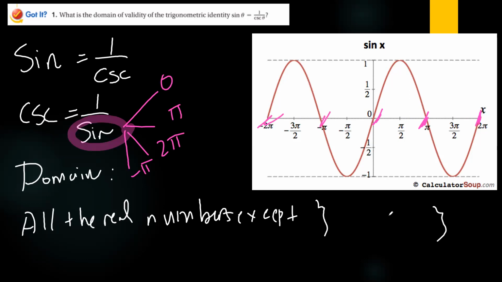The domain is all the real numbers except the multiples of pi. As you see here, we have 0, 1 pi, 2 pi, 3 pi, negative pi, negative 2 pi. So all the real numbers except what?